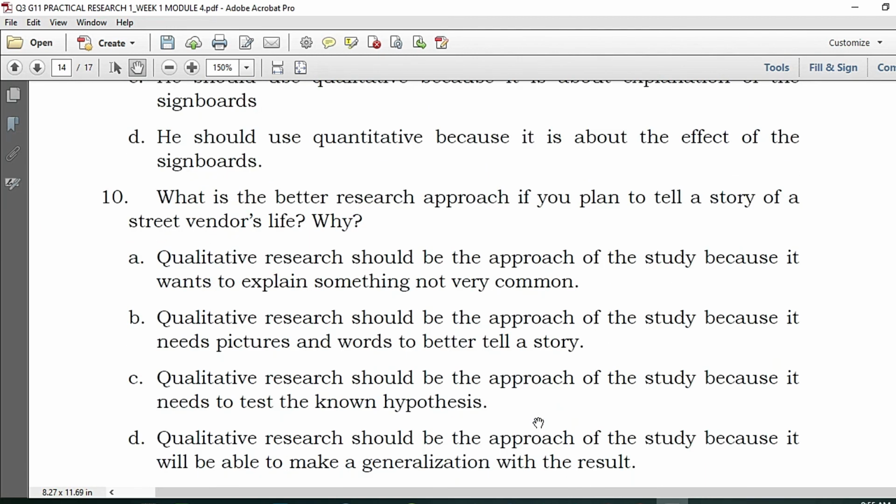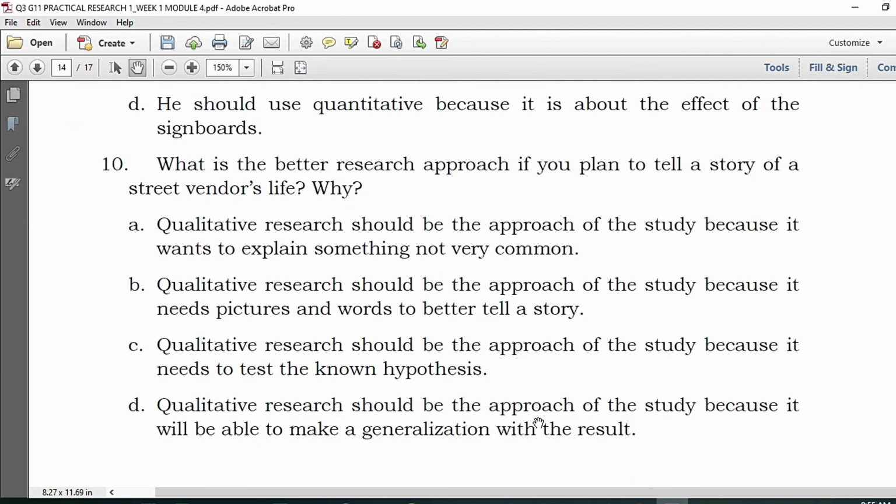Okay, last number. Okay, number 10. What is the better research approach if you plan to tell a story of a street vendor's life? Why? A. Qualitative research should be the approach of the study because it wants to explain something not very common. B. Qualitative research should be appropriate of the study because it needs pictures and words to better tell a story.